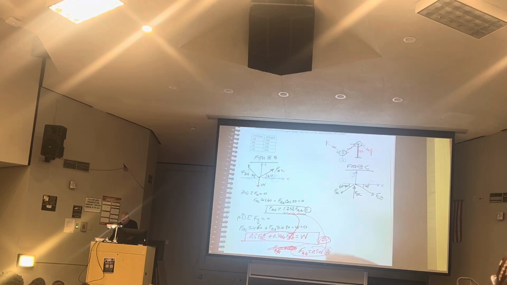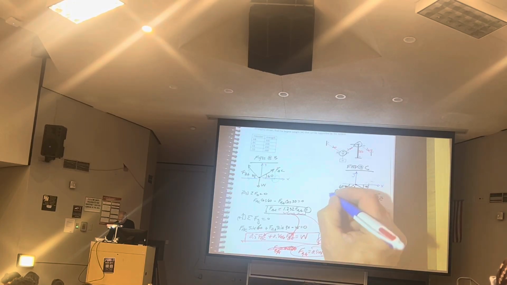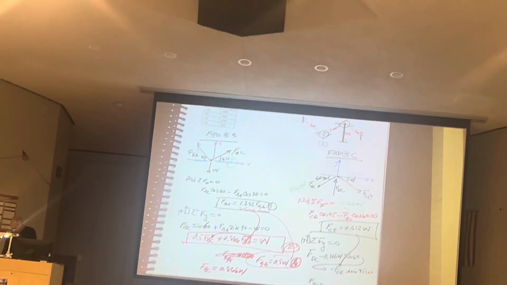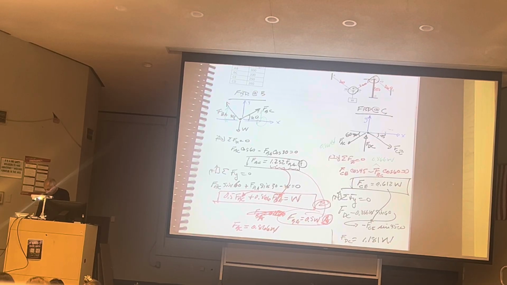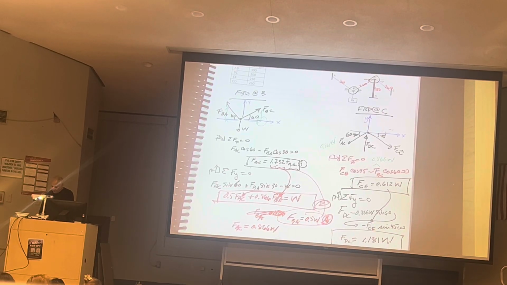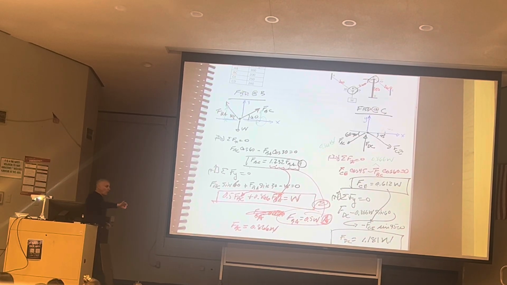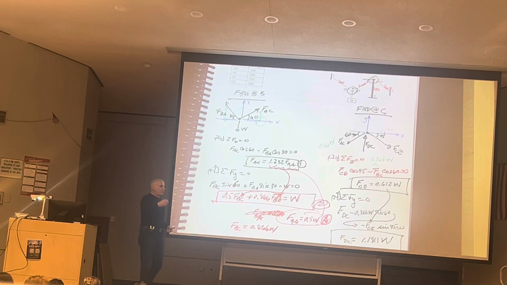I'm going to call it equation A. Dump it in here, and I'll get FBC in terms of W: 0.866 W. Take that FBC and put it here, and you'll see that FCE is equal to 1.181 W. What was my goal? Get every force in the system in terms of W.